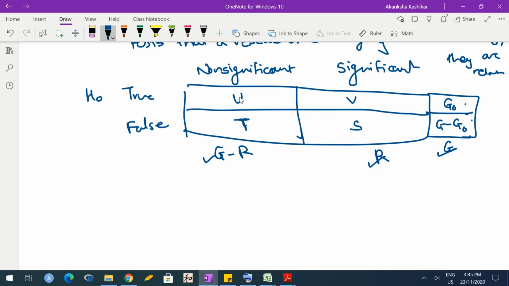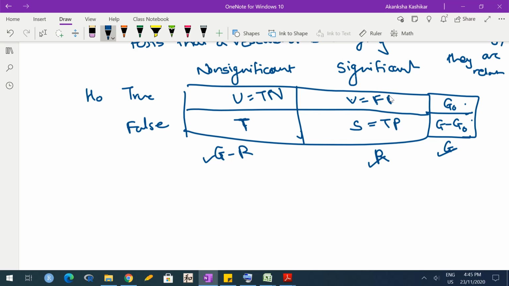U are those H naughts which are actually true, and the test also says they are true. So these are true negatives. Then S: these H naughts are false and the test says they are significant. So these are true positives. Now here V, the H naught is actually true, but the test says they are significant.